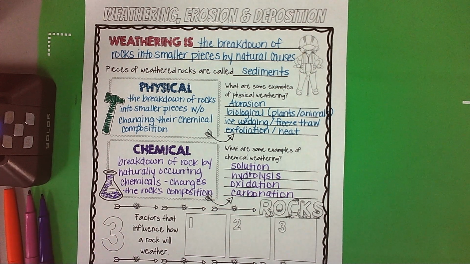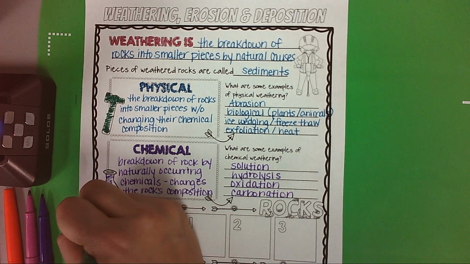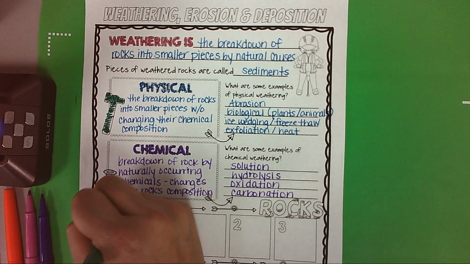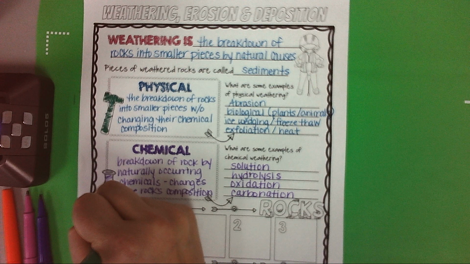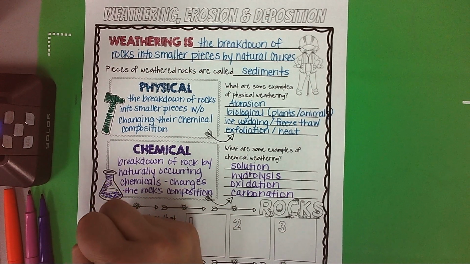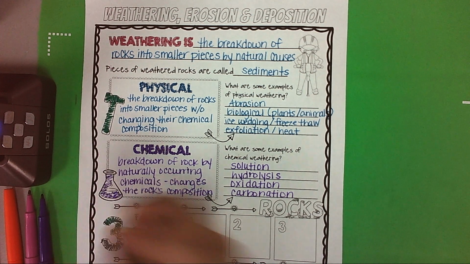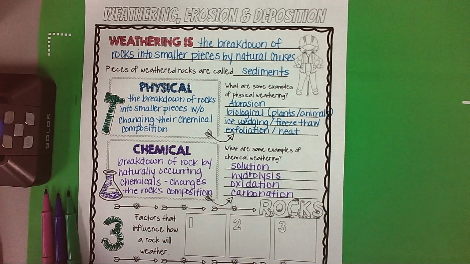Alright, so let's look at 3 factors that influence how a rock will actually go through that weathering process. So we're going to look at 3 different things that affect the weathering process. Okay?